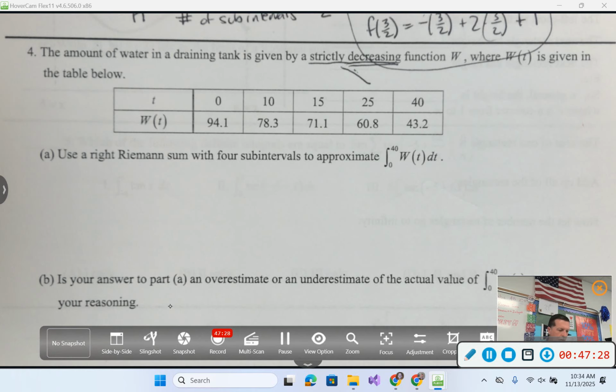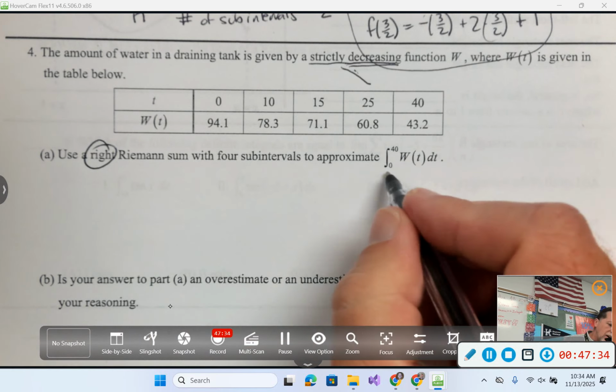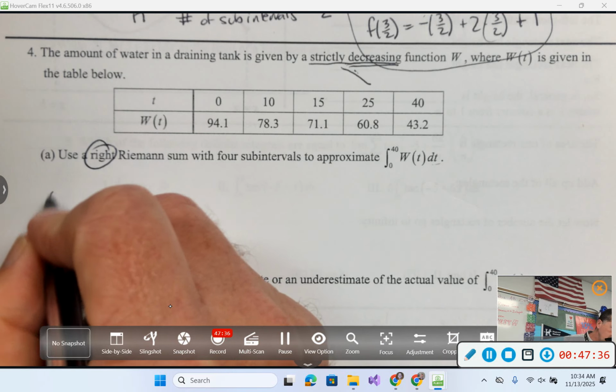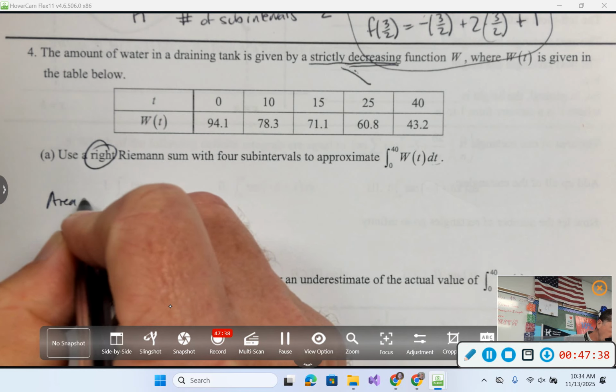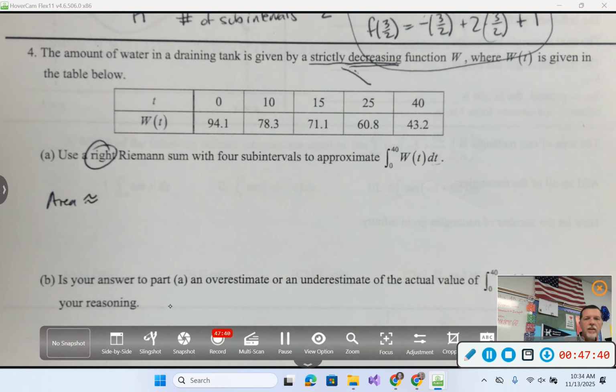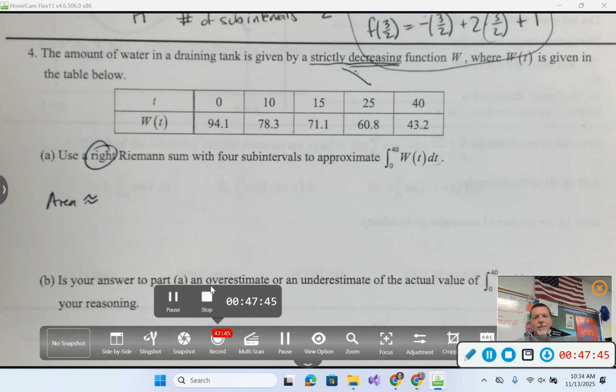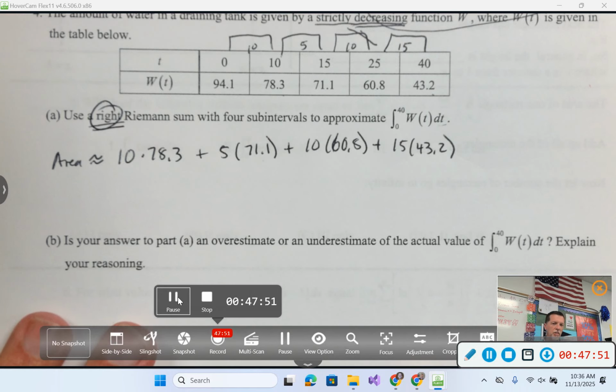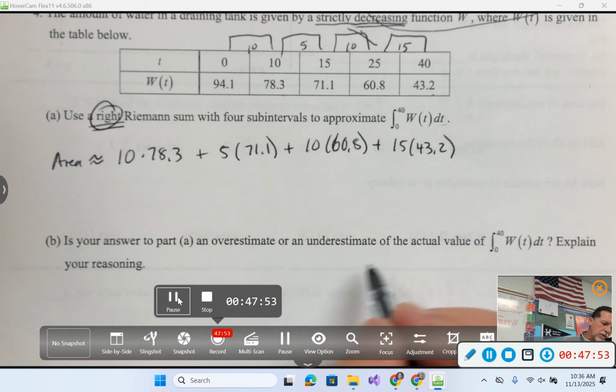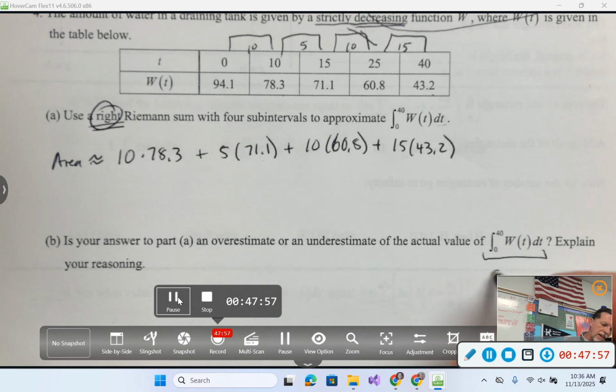Use a right Riemann sum with 4 subintervals to approximate the area under that curve. So instead of me doing this one, why don't you do this one? And again, you don't need a calculator because you're not going to actually do all the numbers. Just set up the... Is your answer to part A an overestimate or an underestimate of the actual value of that area?